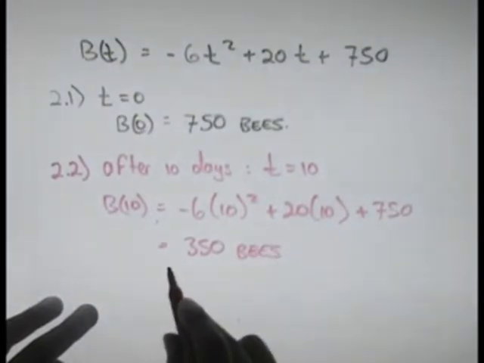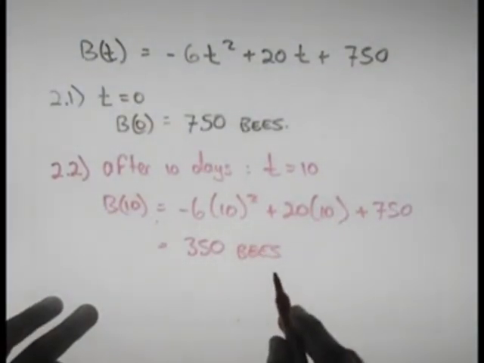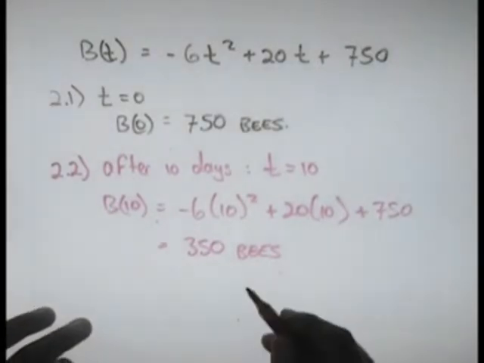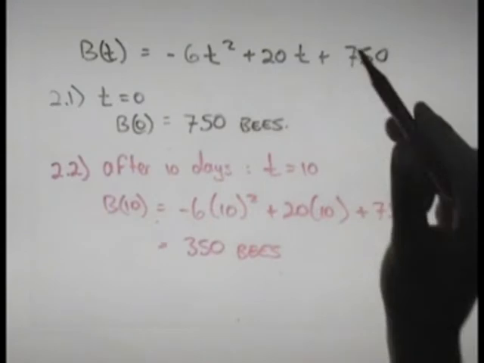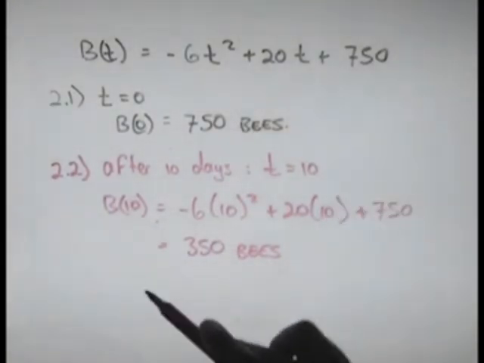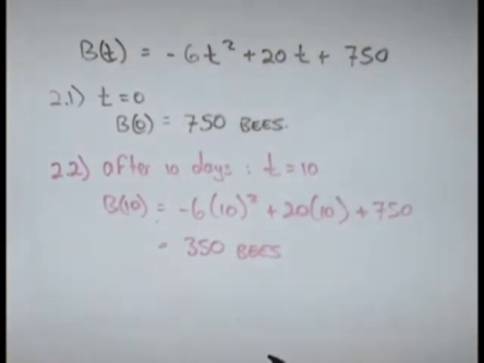Notice something, that the bees actually dropped. You will see in the next example that the bees actually go from 750 to a maximum amount. They then start to wither away.